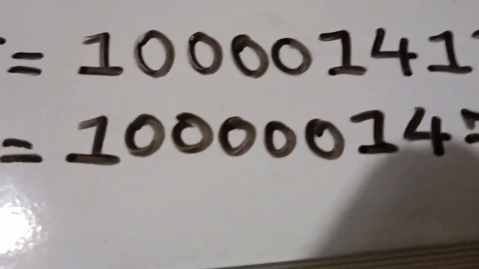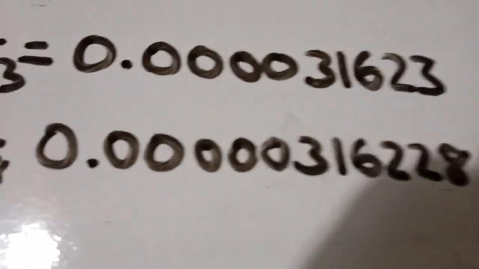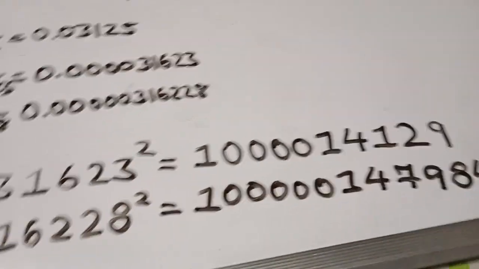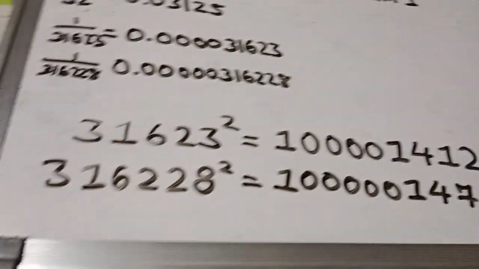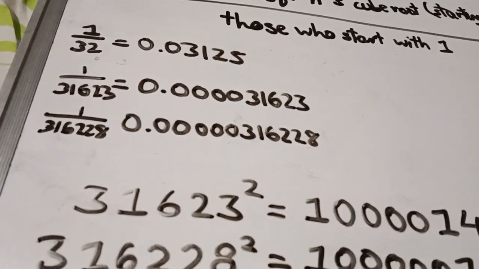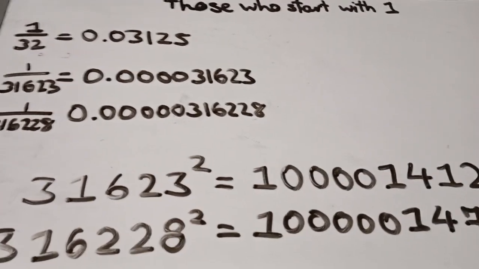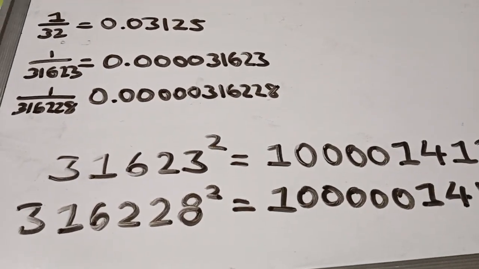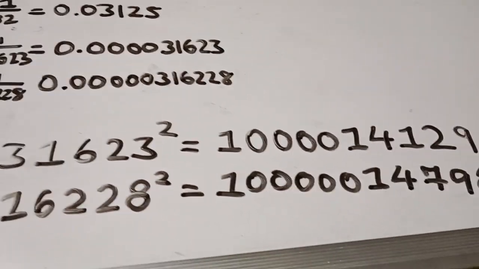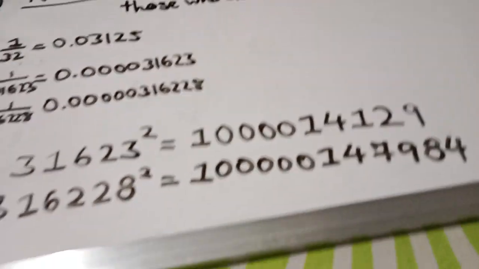See, because this number has 5 zeros, this also has 5 zeros at the start. Because you know that there's one 316 too. I know what that 316 is that you're talking about; it is coming to your mind.